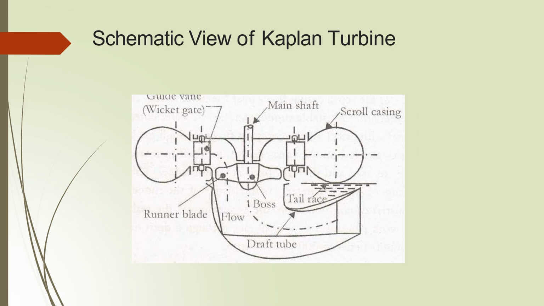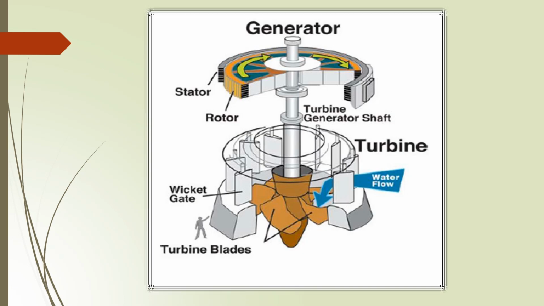This is a schematic diagram of a Kaplan turbine. You can see the main shaft, a scroll casing on either side, guide vanes, the boss, tail race, runner blades, draft tube, and how the flow is taking place. Here is the 3D view of the turbine.